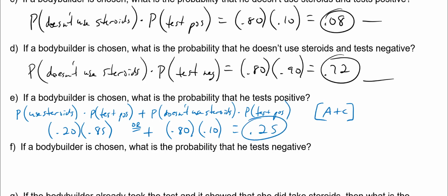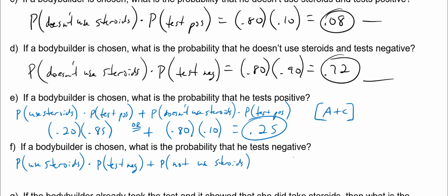Okay, and then if a bodybuilder is chosen at random, what is the probability that he tests negative? So it's kind of the same thing. Probability of using steroids times probability of test negative, plus probability of not using steroids and testing negative.